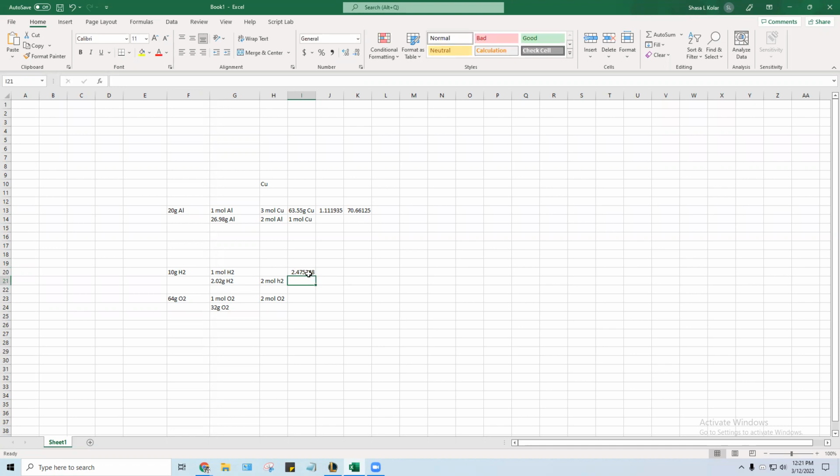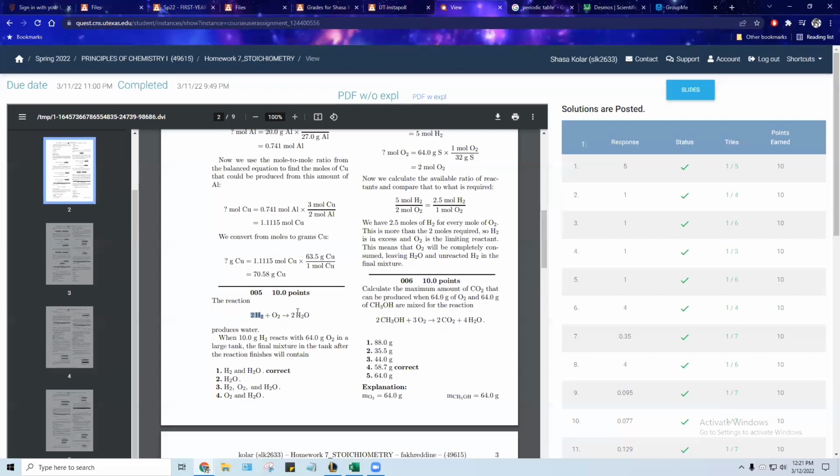And we get 2.47. So what that means is that our limiting reagent is our oxygen. So we can put 2 moles of oxygen into this equation and get out about 4 moles of H2O.